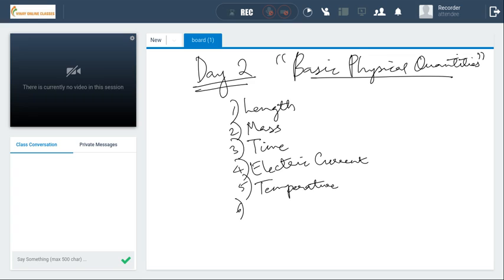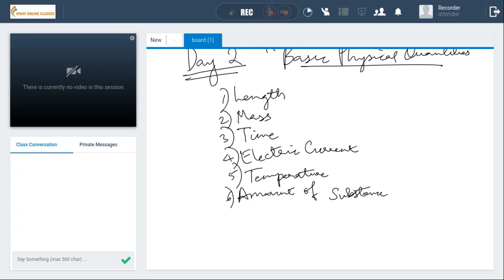And sixth, amount of substance. Finally, luminous intensity.